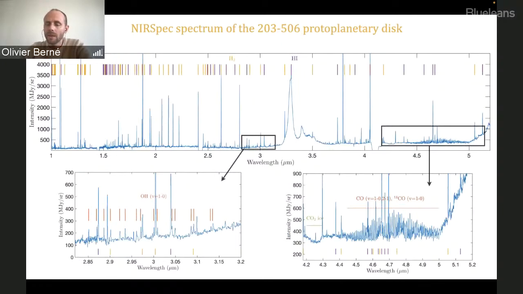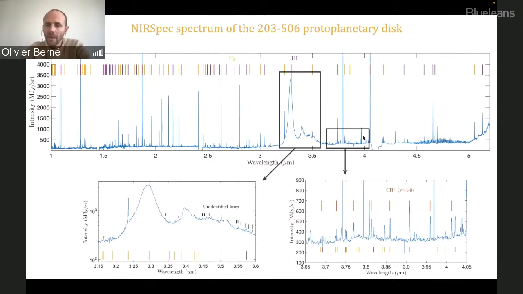We can zoom in on some specific regions of the spectrum to see it in more detail. In this 3 micron range here, we have clearly detected the OH molecule in emission. Here, as I said, we see the emission from CO and perhaps 13CO. We also see the absorption of the CO2 ice present in the protoplanetary disk.